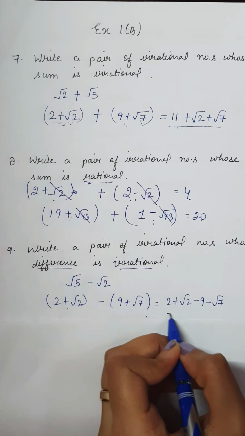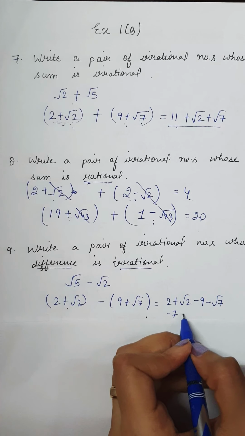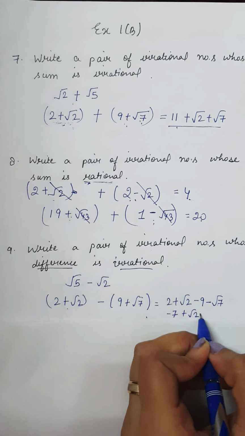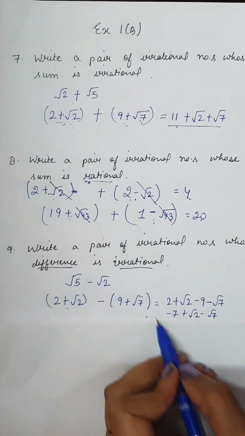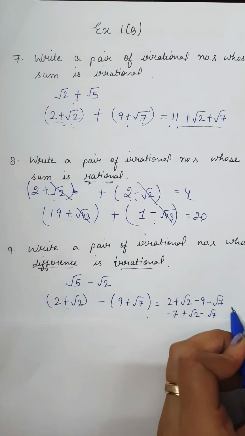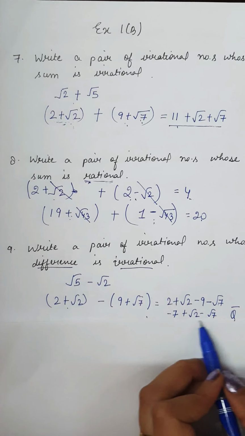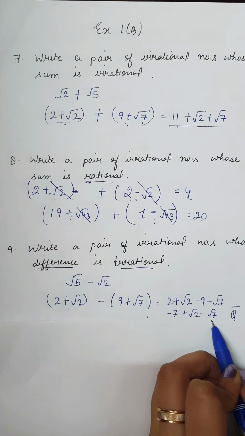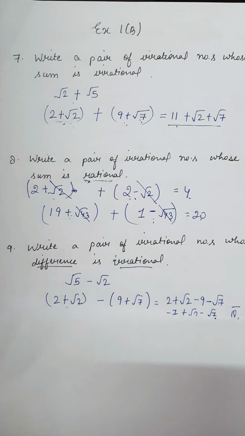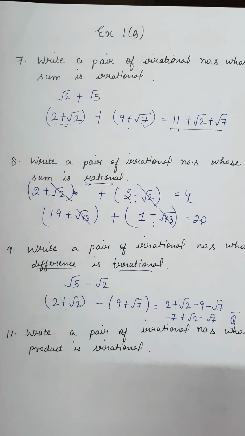So 2 minus 9 is minus 7, and like I said, in addition and subtraction these roots cannot be simplified. So this whole expression is again irrational because it contains two irrational numbers in it. Agree? So you can take any pair, there are infinite pairs with it.